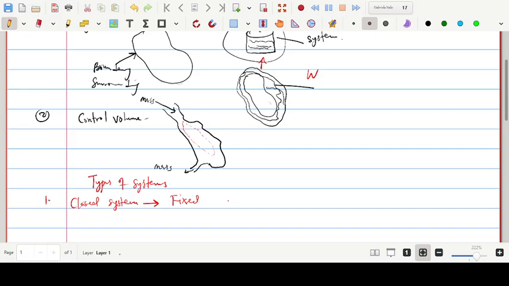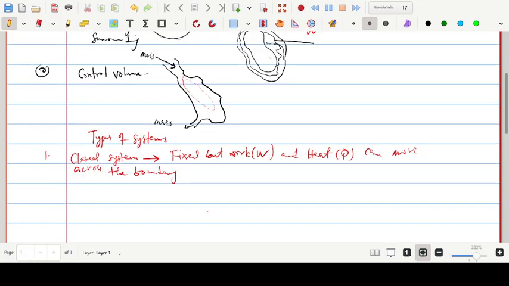the boundary. Work, which we will term W, and heat, which you call Q, can move across the boundary. That's the case of a closed system.